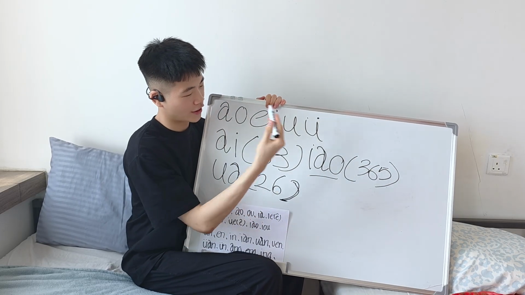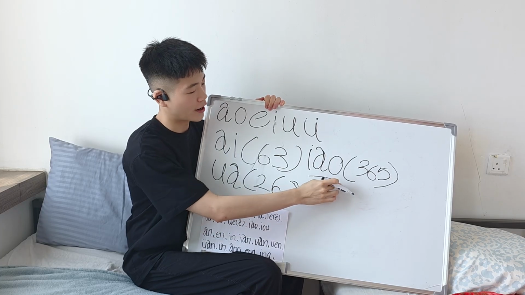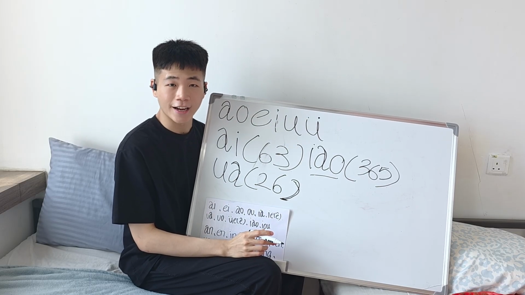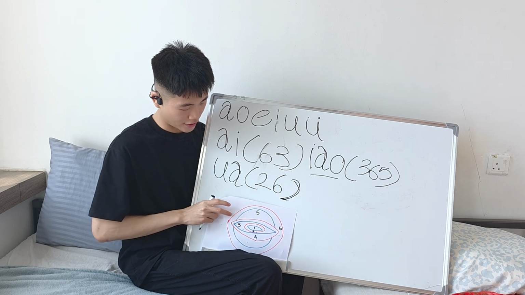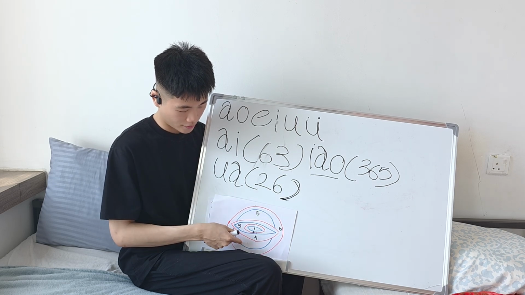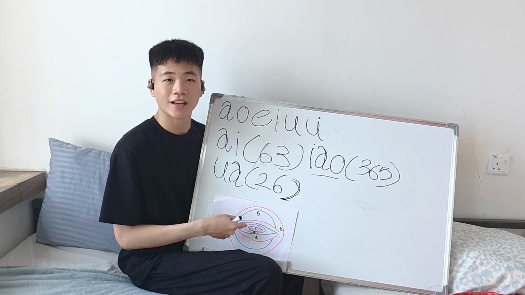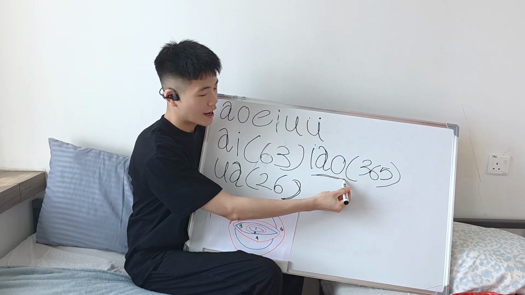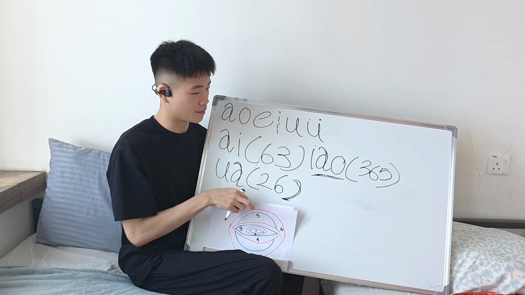We'll call this compound final 3, 6, 5. So 3 is I, 6 is A, and 5 is O. I want you to look at this: O is a round shape. 3, 6, 5. Yao. Easy, right?